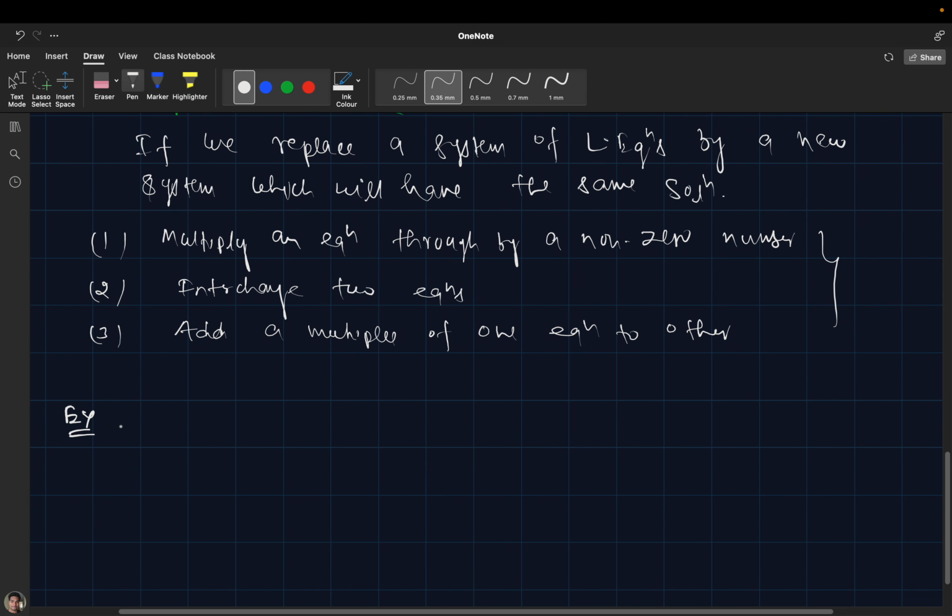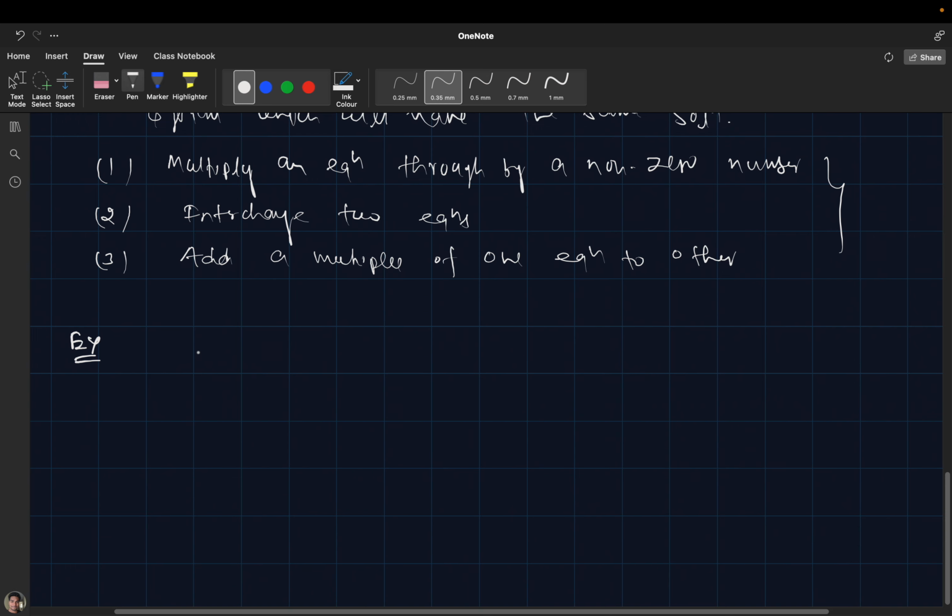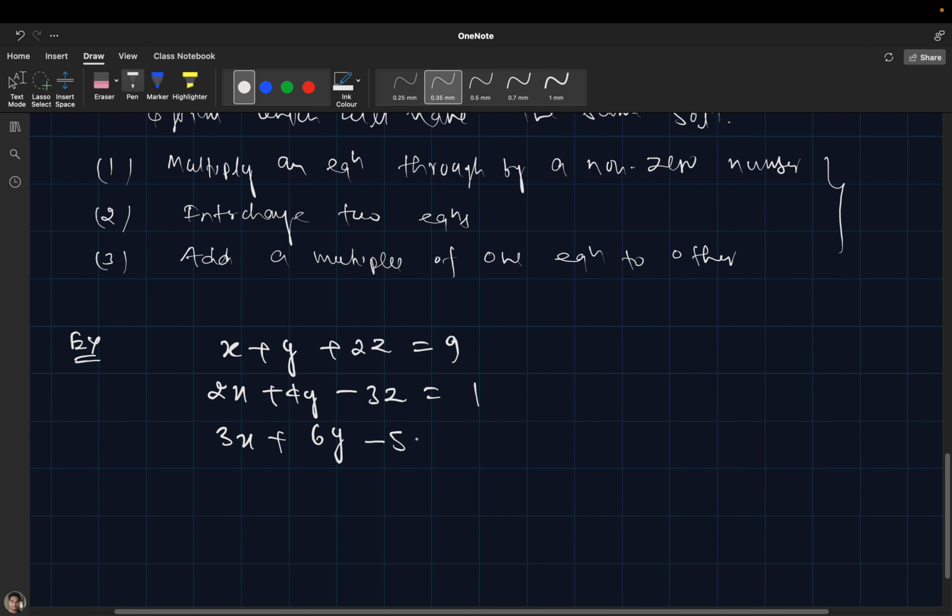Example number 1. Suppose you have x plus y plus 2z equal to 9, 2x plus 4y minus 3z equal to 1, 3x plus 6y minus 5z equal to 0.